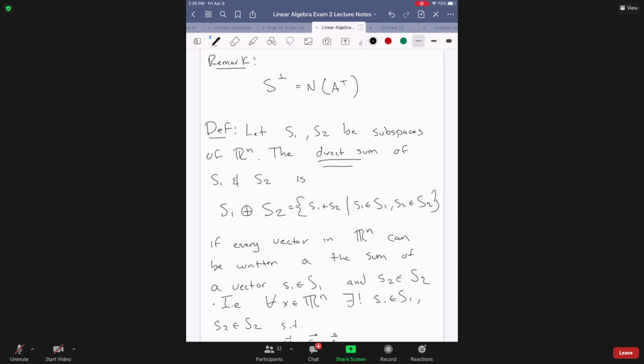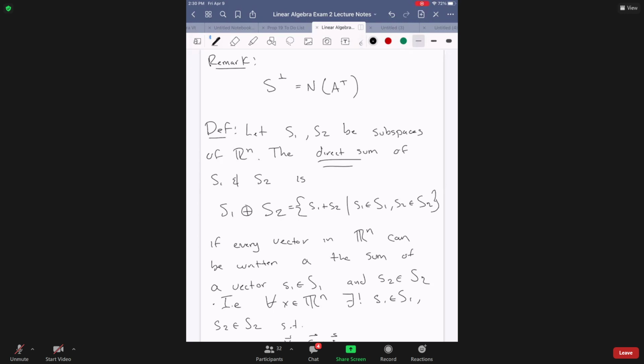Basically, the reason I wanted to show you this is because R^n can be written, well, any vector space really. If you have a finite dimensional vector space, you take a subspace of it, take its orthogonal complement, and direct sum both of them, that direct sum should give you the entire vector space again.